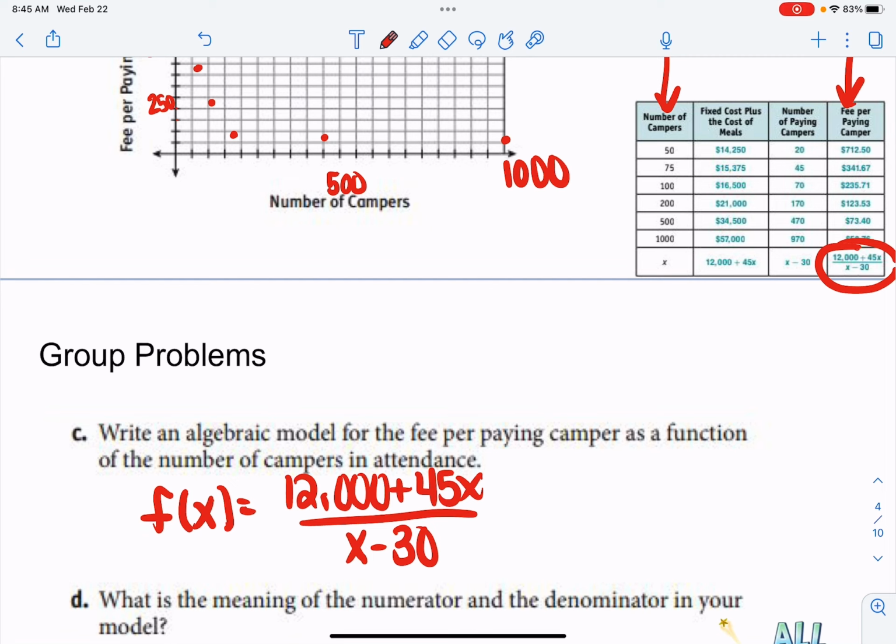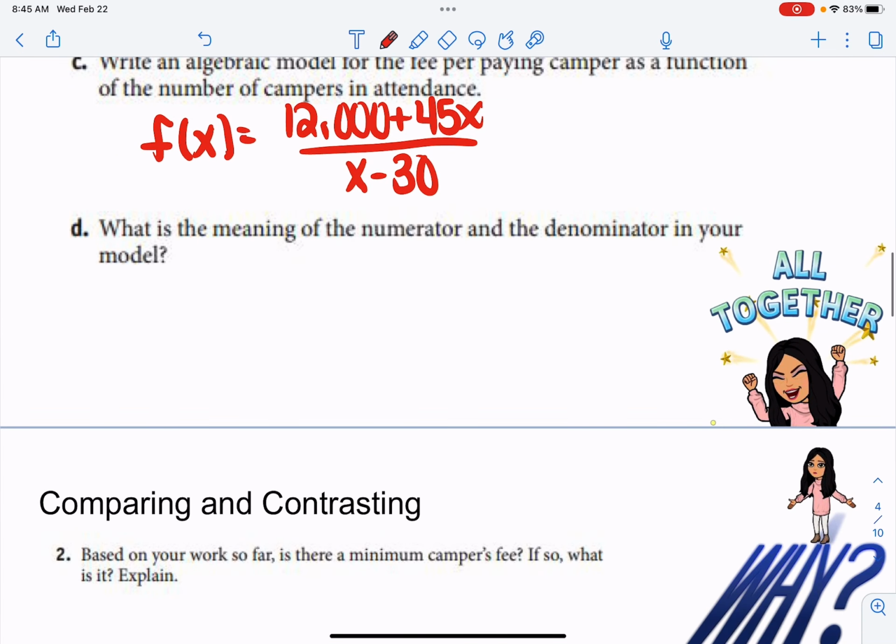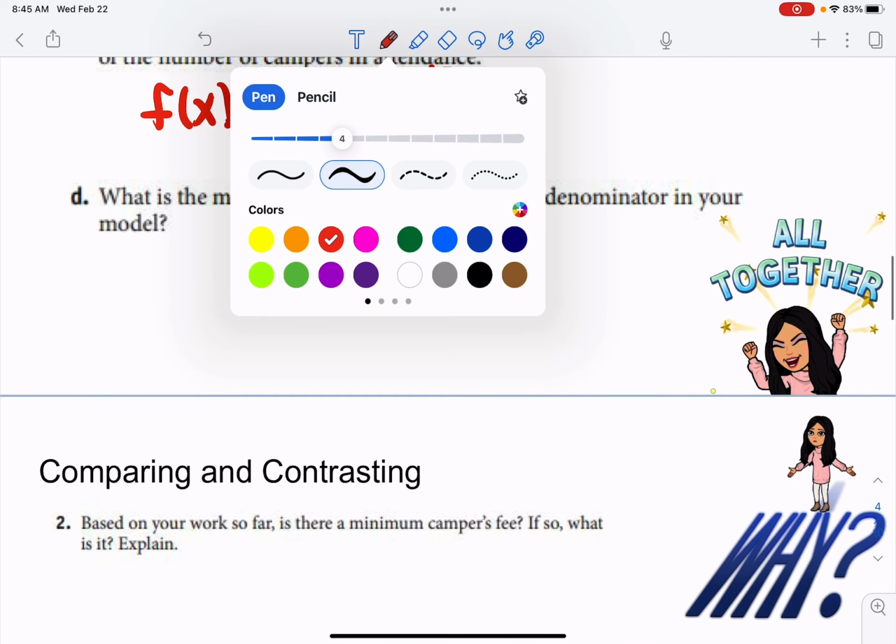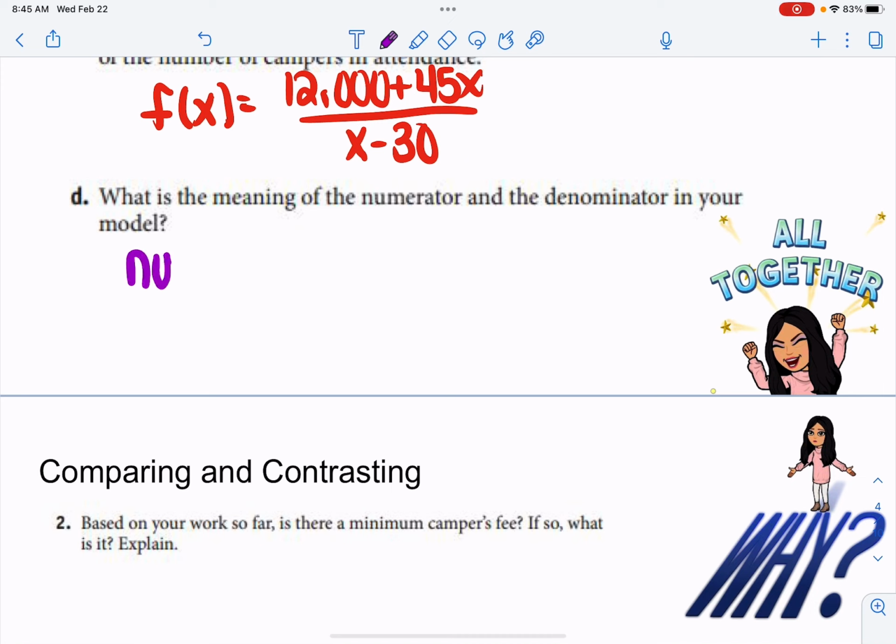Now, obviously we can put together an equation, but we want to make sure we understand what it means. It says, what is the meaning of the numerator and the denominator of your model? Well, the numerator, remember, was the total cost for every camper.